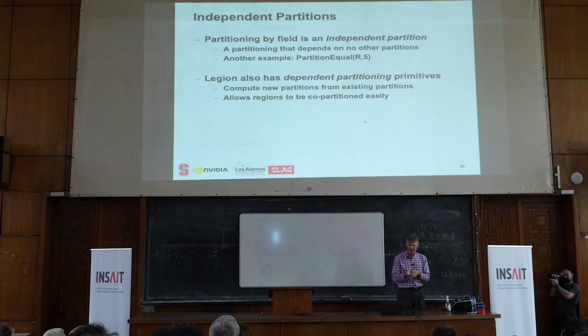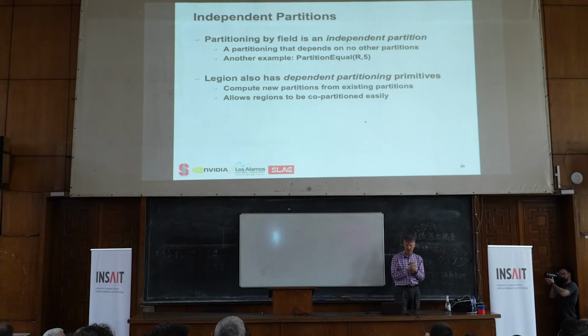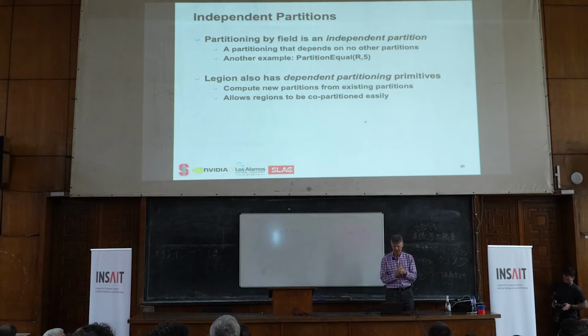All right. Now the thing I want to talk about next is the dependent partitioning primitives, because this is the composition mechanism. So allowing the system to compute new partitions from existing partitions. Okay, and this allows you to do things like co-partition 2 data sets in some intelligent way.